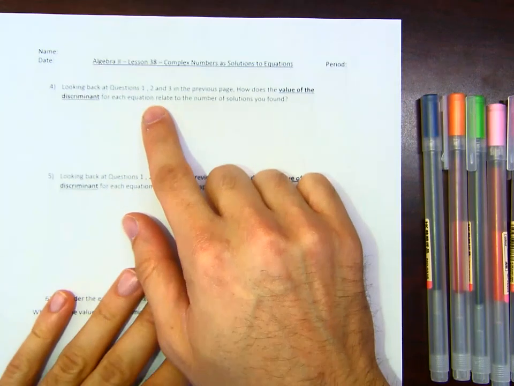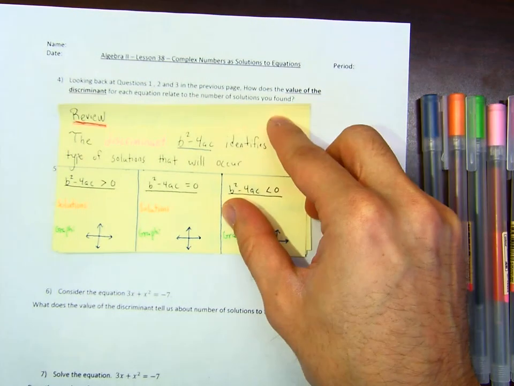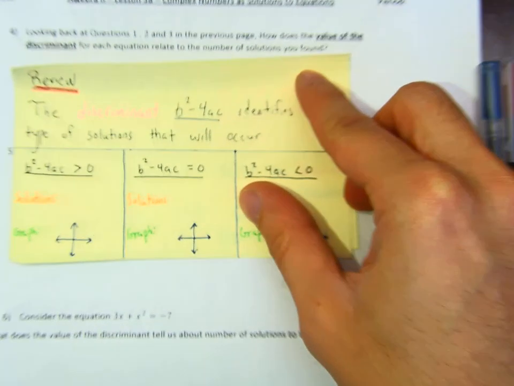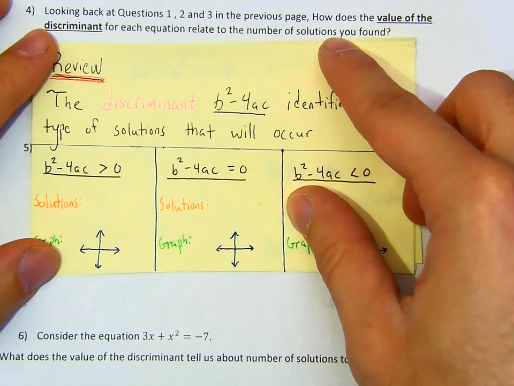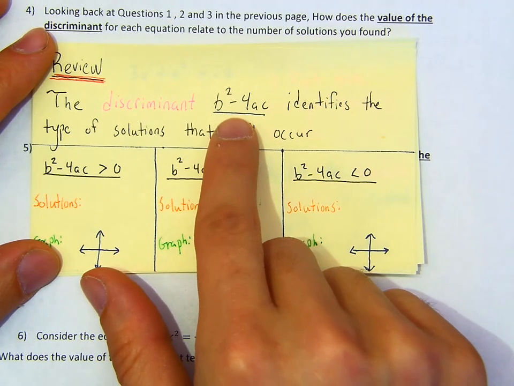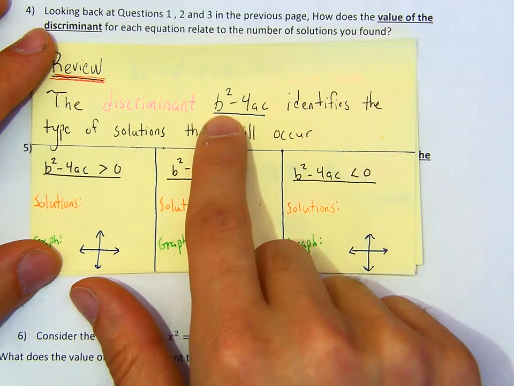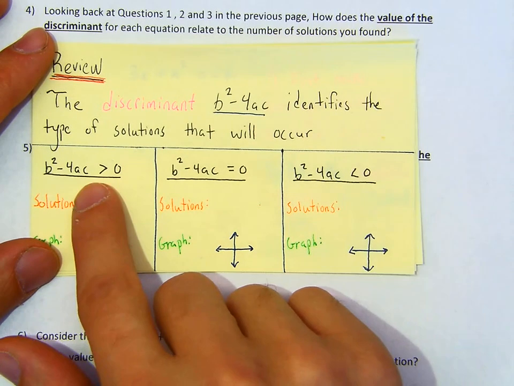So just to review what we learned from last week, let's zoom in on this, and if you have your notes, that'd be great. Here we talked about the idea of the discriminant, right? If you have the quadratic formula, the discriminant b squared minus 4ac identifies the types of solutions that will occur.